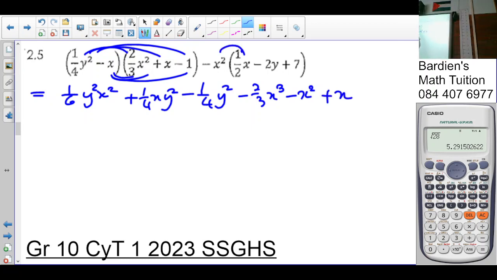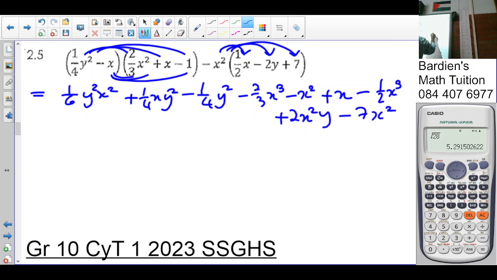Now we get rid of that bracket there. So that's going to give us negative x squared times 1 over 2, or half, x is going to give you negative a half x cubed. Negative x squared times negative 2y is positive 2x squared y. Negative x squared times 7 is negative 7x squared.